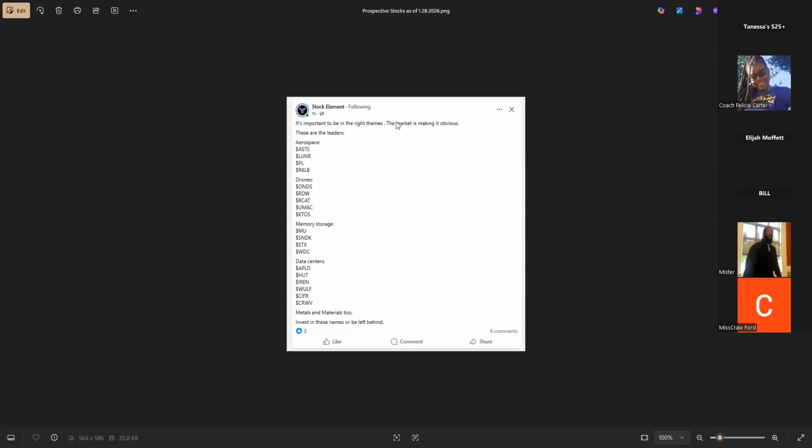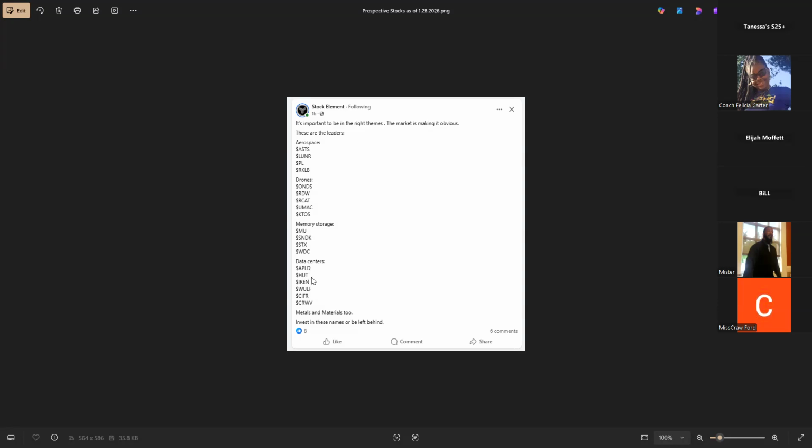The market is making it obvious. These are the leaders. Within aerospace, we have ASTS, LUNR, PL, and RKLB. Within drones, it goes on. Within memory storage, it goes on. You'll notice a lot of these names were a part of the portfolio that I had. I added IREN, and that's because when somebody's killing it, ain't no point in fighting it.